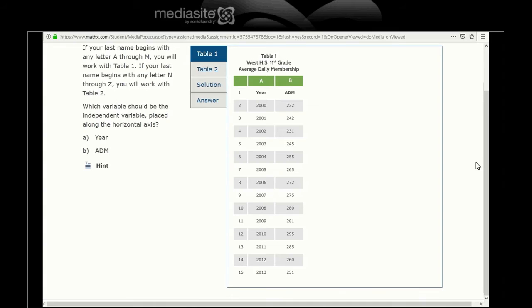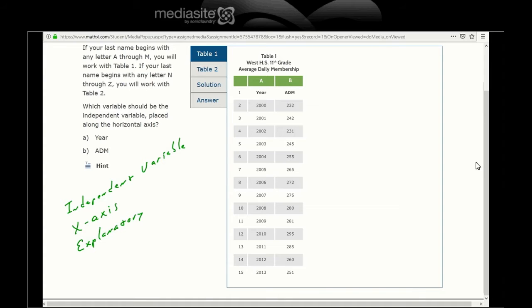The independent variable, horizontal axis, basically the x-axis, and sometimes we call this the explanatory variable.